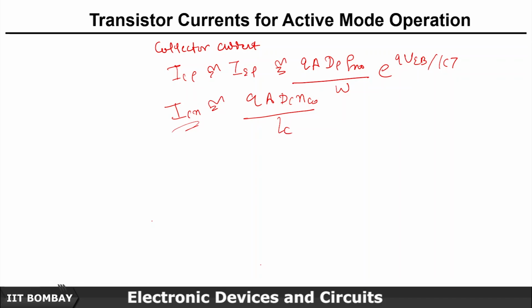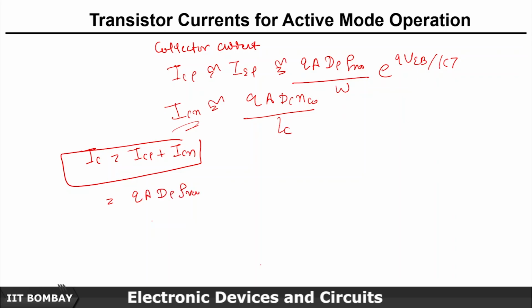And in order to calculate the collector current IC, we need to add both of them, ICP plus ICN, and that comes out to be QADPPN0 divided by W e raised to power VEB by KT plus QADNNC0LC, or you can use whatever notation you want.